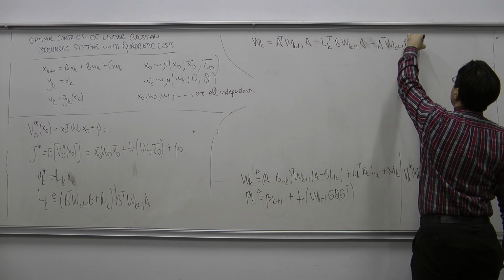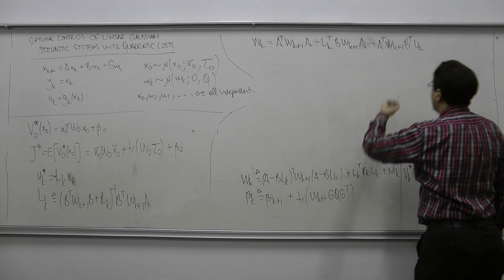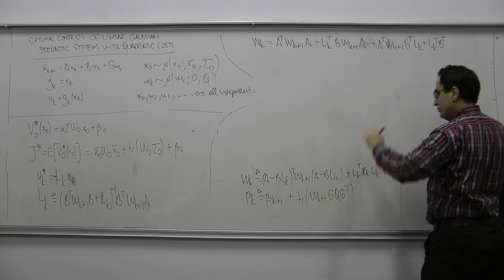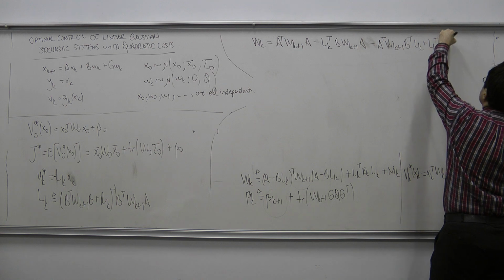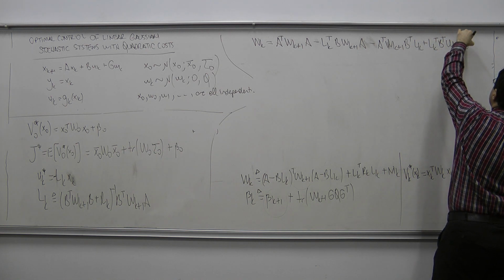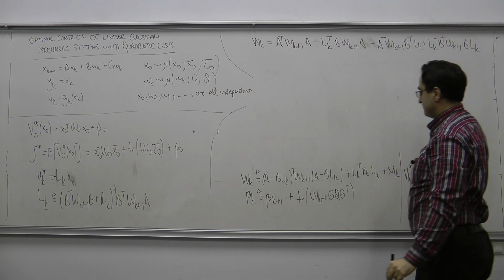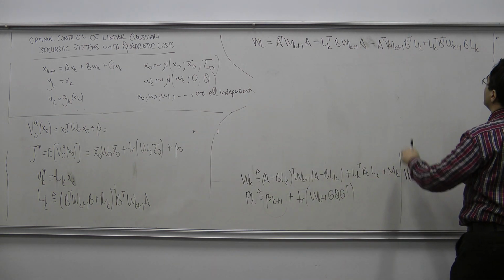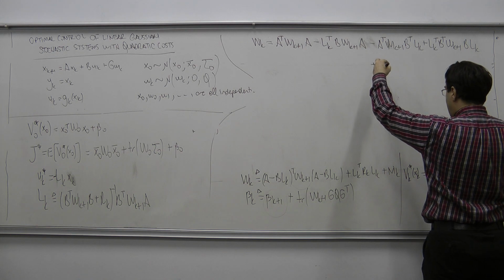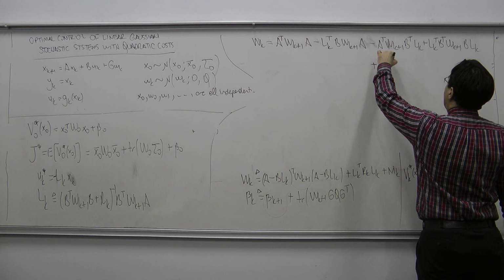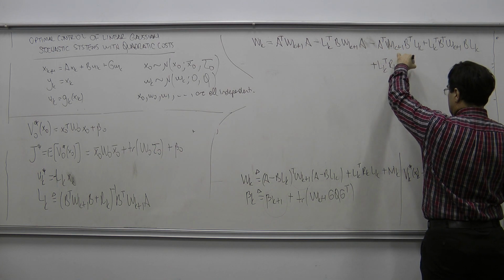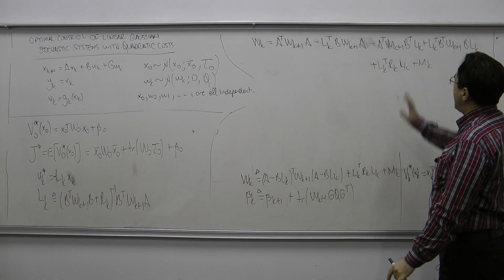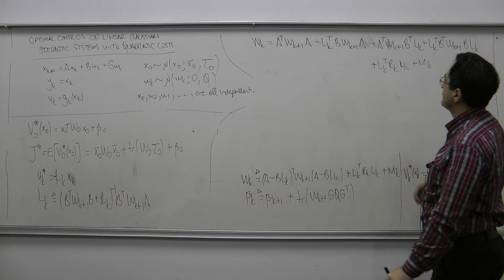Then B transpose times L_k, and the last term is going to be L_k transpose B transpose W_{k+1} B L_k. And I have this term and this term as well, plus L_k transpose R_k L_k plus M_k. Now I will substitute L_k into these formulas.